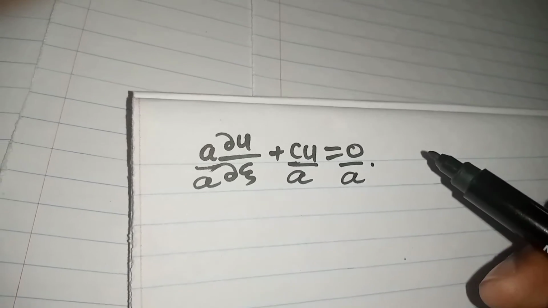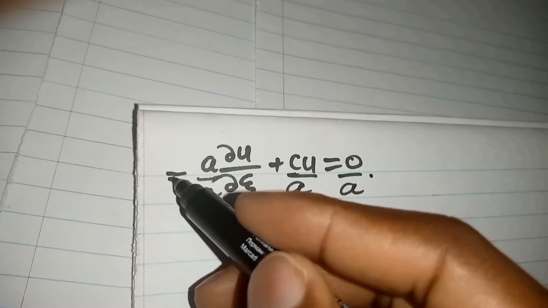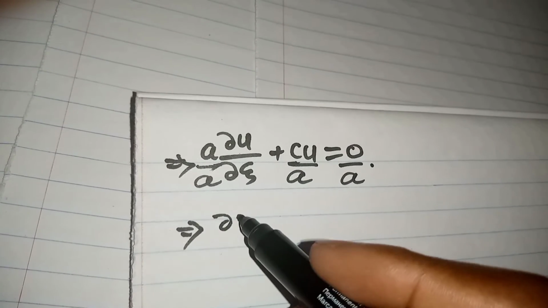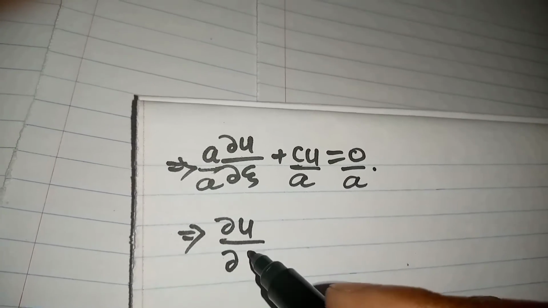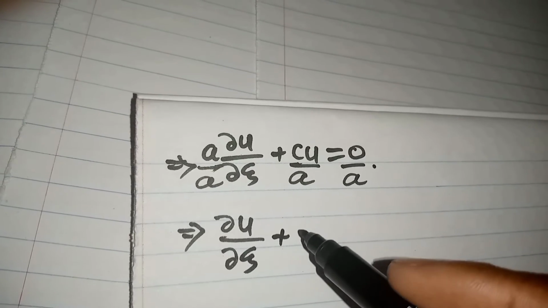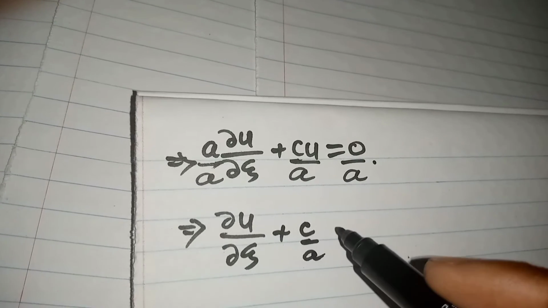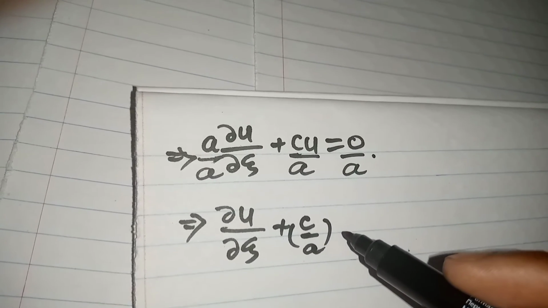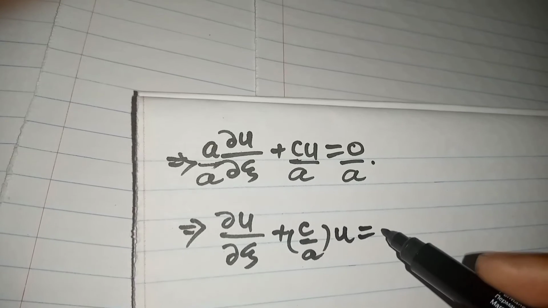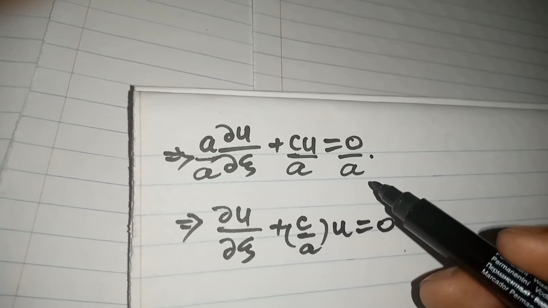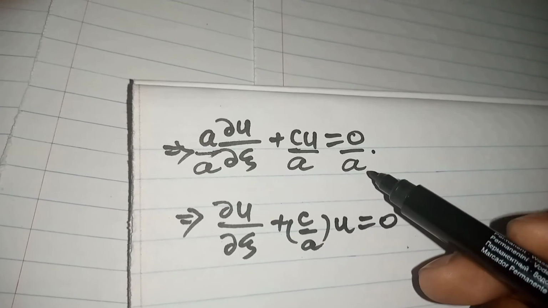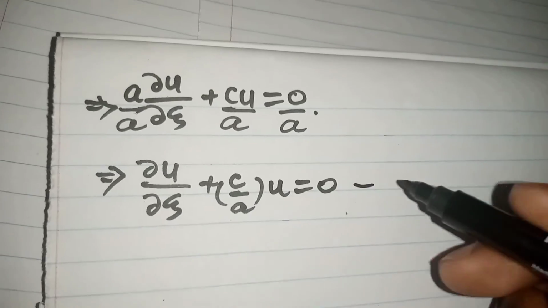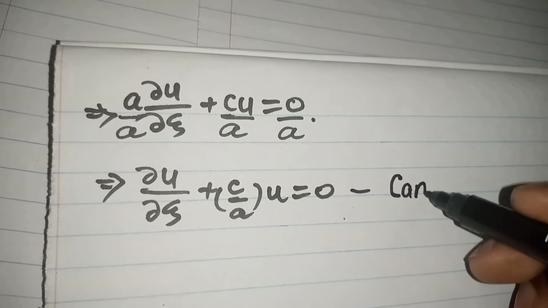So this will finally be equal to the partial of u with respect to xi plus c over a u is equal to 0. Of course, 0 divided by a will be 0. So this is called the canonical form.